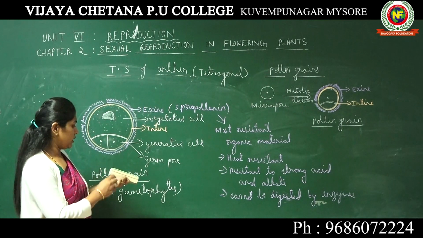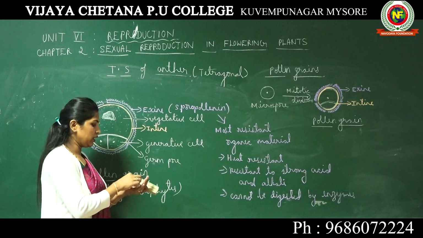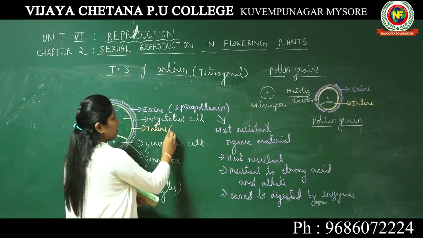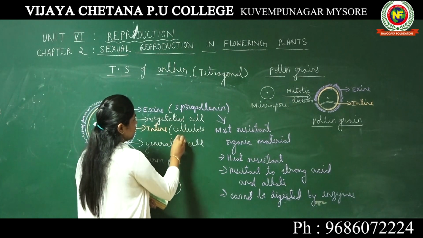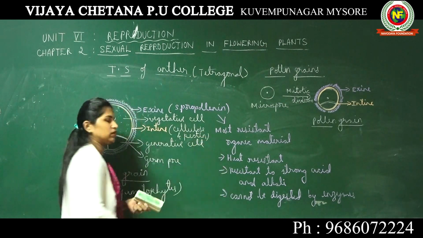Now let us study what intine is made up of. Intine is the innermost wall layer of a pollen grain, made up of cellulose and pectin.